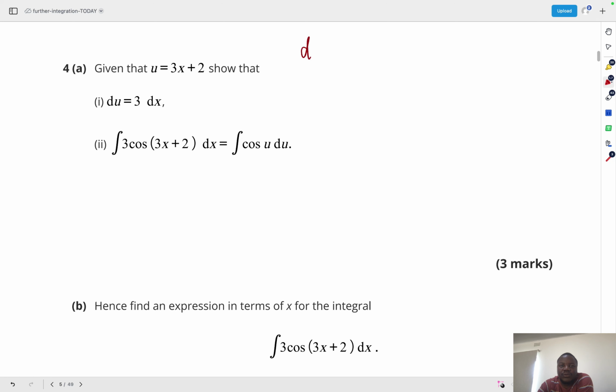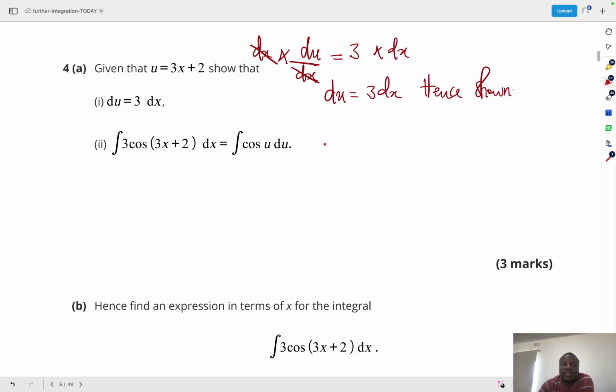So we know that du over dx is equal to the derivative of 3x, which is simply 3, and then we are going to multiply this by dx and multiply this side by dx, since we are trying to make du the subject, to then get du as being equal to 3 dx. So this means hence shown. So we've shown what they wanted us to show, just like that. So that's the mark for that one.